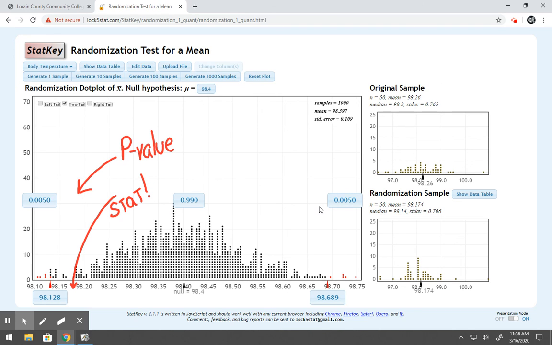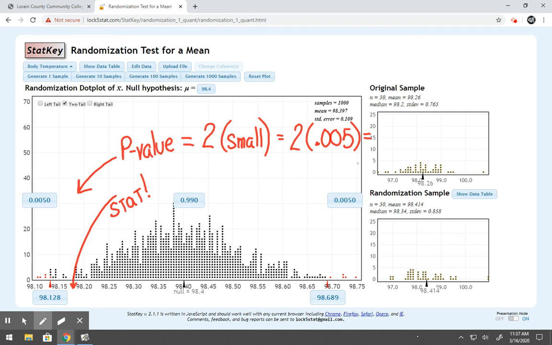So if I am dealing with not one tail, but two tails, then the p-value is equal to 2 times the smaller one, although generally they always equal each other. So in my case, it's going to be 2 times 0.005, and we're going to wind up with a p-value of 0.01.